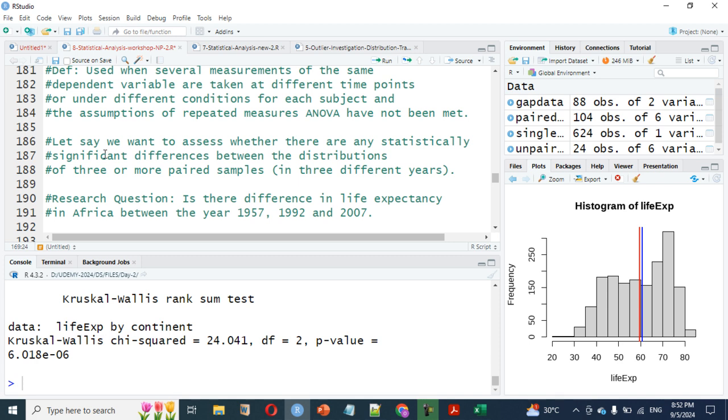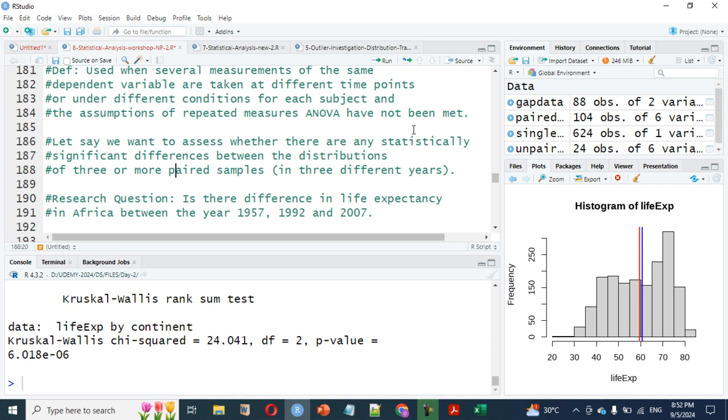All right, let's say we want to assess whether there are any statistically significant differences between the distributions of the 3 or more paired samples, in the 3 different years.